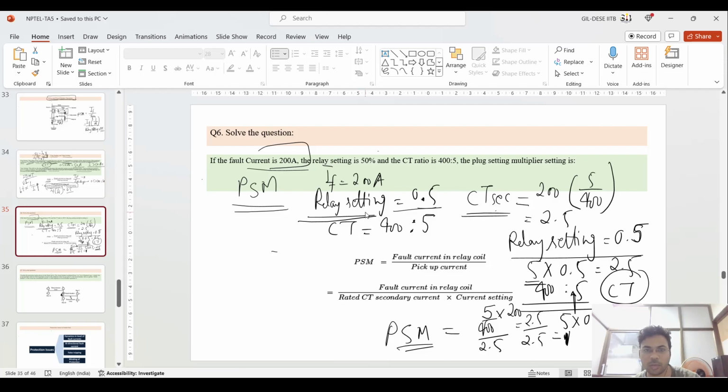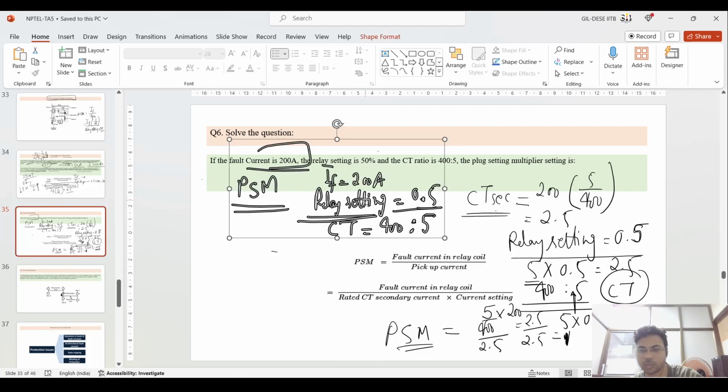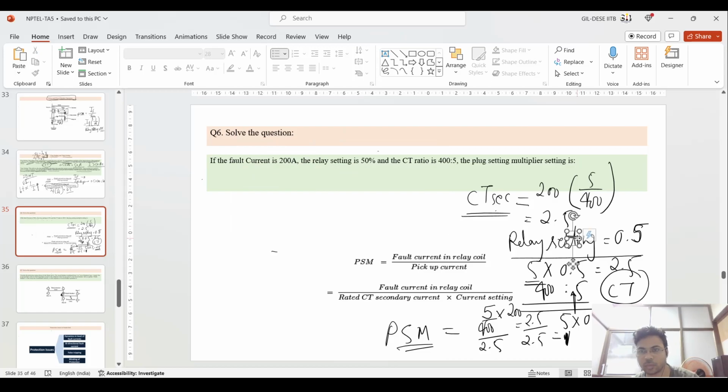Okay, Dhani is saying that please repeat the solution. Okay, let me repeat the question again. Let me remove this. Okay. See on my cursor how I am saying that. Suppose this 200 amps of current is going in the normal line, and I have connected one CT which takes this current and reduces it based upon this turn ratio, and it will magnetize one coil based upon this current.